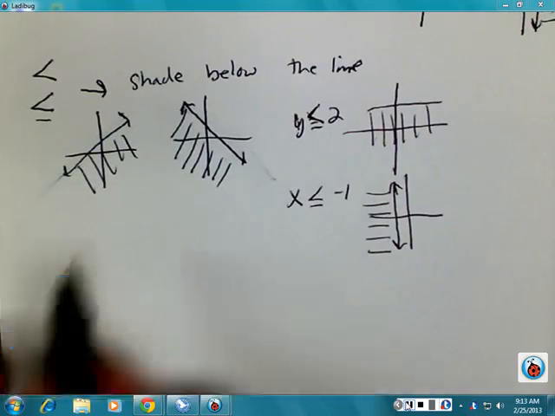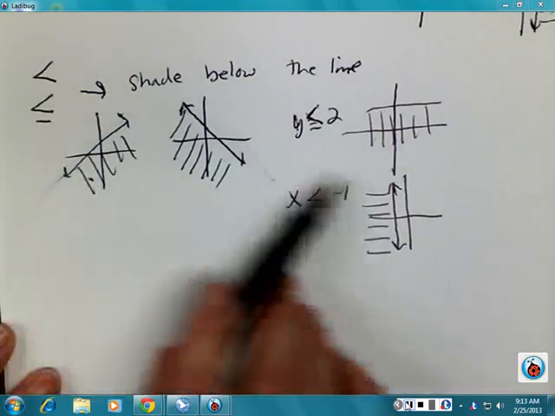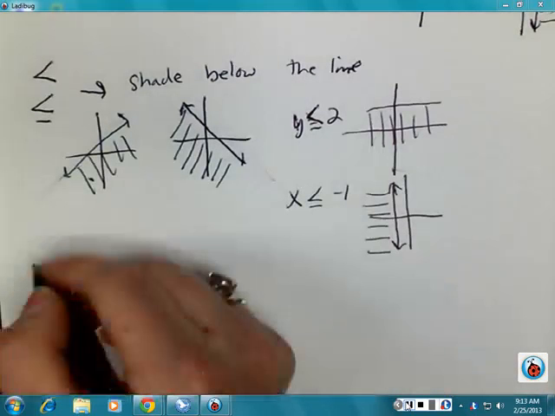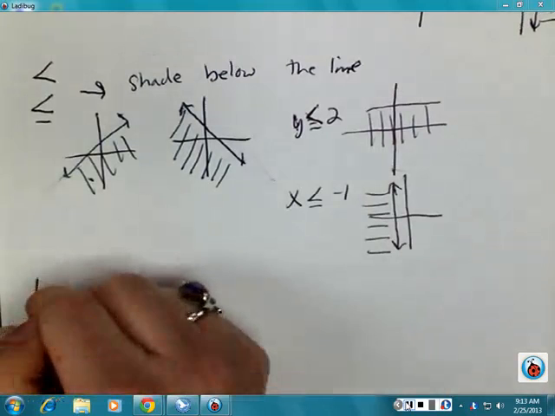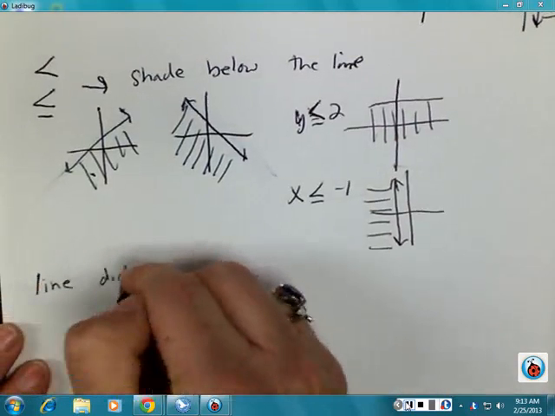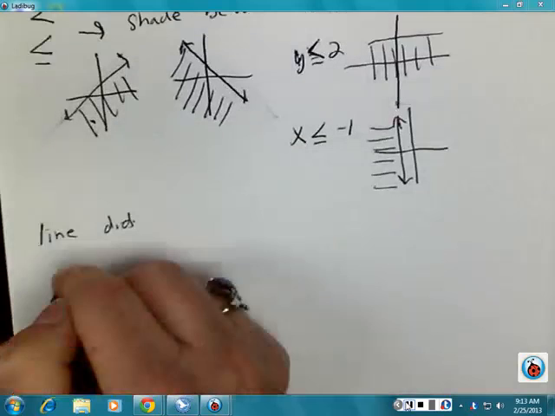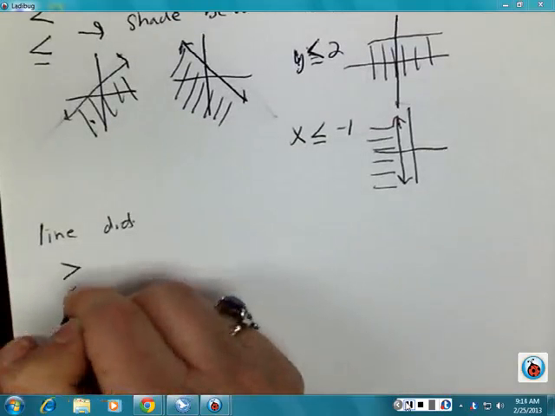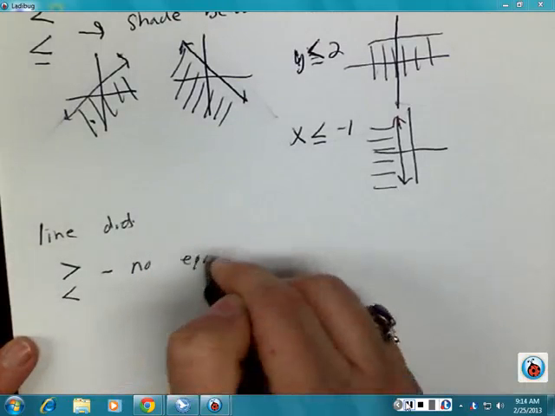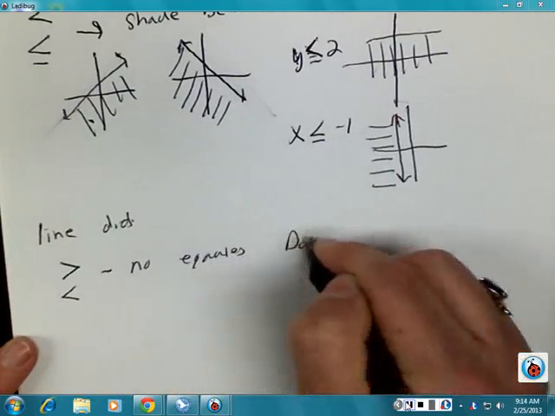And with the shading, when we did 4.6, we only did one graph when we shaded there. The other thing is you had to pay attention to what your line did. Because in lines, if you had less than or greater than with no equals, you had a dotted line.